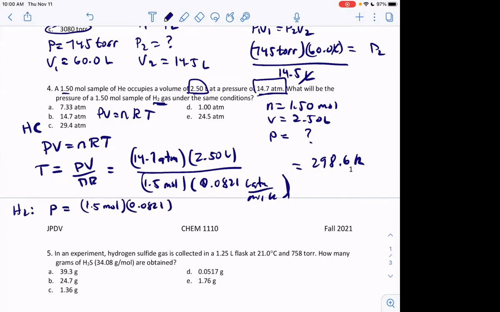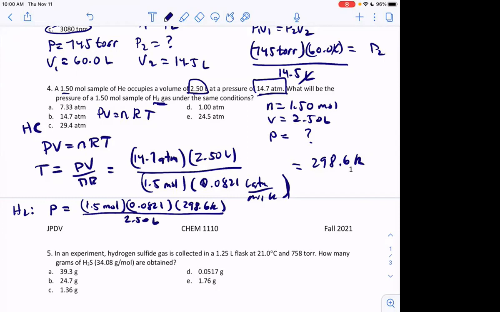I'm going to drop the units because I'm running out of space here. T is 298.6 K. And since I'm solving for pressure, I brought the volume over, and my volume is the same too, 2.50 liters. So everything's the same for both gases. We just had to solve for one of the temperatures.